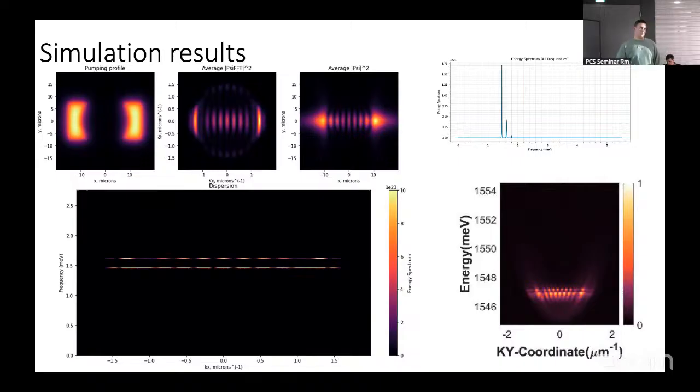So from time domain simulations, you can obtain real space density distributions and reciprocal space density distributions. You can obtain the spectrum of your solution, and that's why you can plot, for example, the dispersion of polaritons of the condensate that were simulated, and compare it to the experiment.